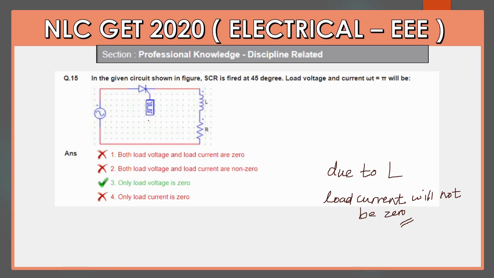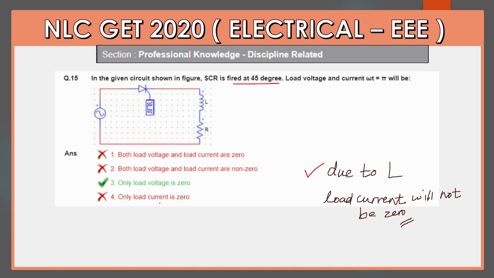In next question, a circuit is given. It is showing that SCR is fired at 45 degree. The load voltage and current at omega t equal to pi will be. We know that if there is RL load, there is inductor in the load. Due to L, the load current will not easily be 0.